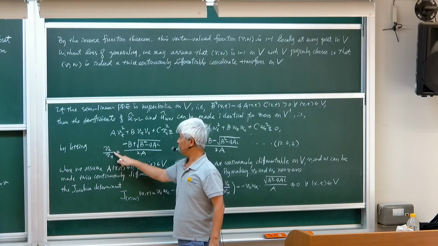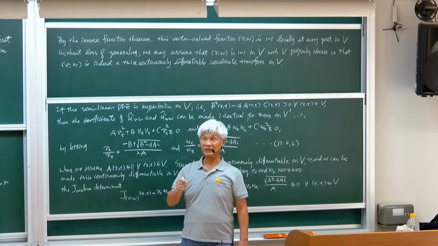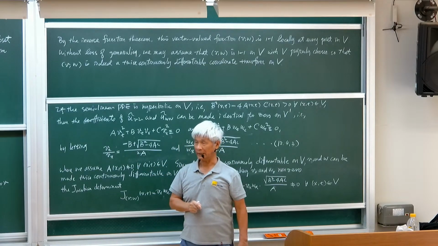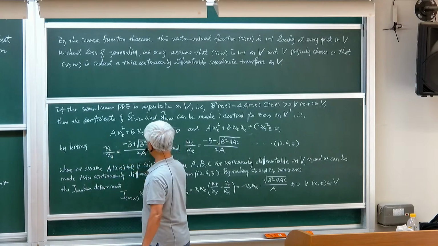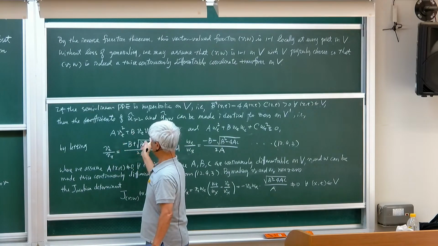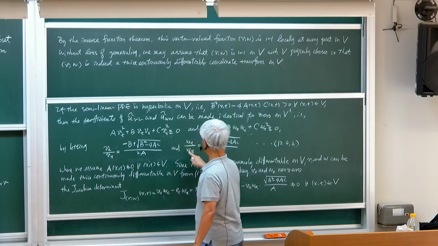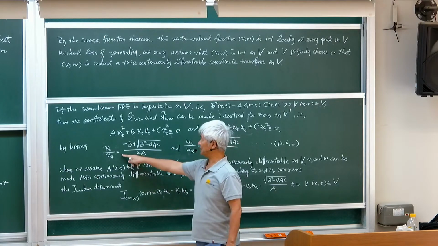Now we build relationships about the first order partial derivatives of V and W. And here, we want to make V and W such that Vx will be non-zero and Wx to be non-zero. Otherwise, we can't write down this one.